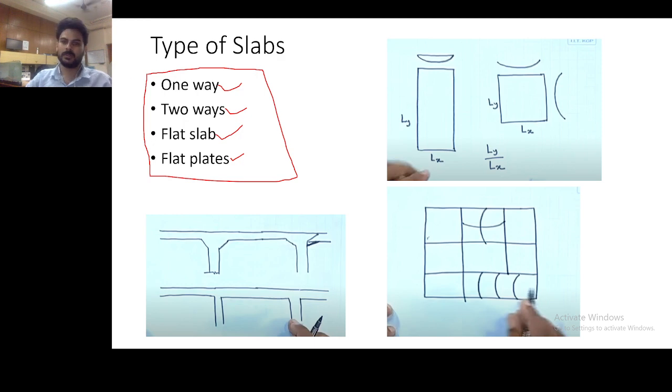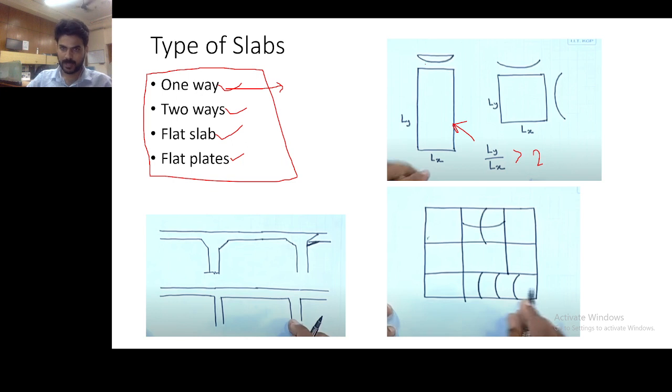Okay, so let's go. The one-way slab is also called one way, where they consider this figure. This is Ly and Lx. So if Ly by Lx is greater than 2, then it is considered a one-way slab. And if it is less than 2, then it is considered a two-way slab. So why is it called a one-way slab? Why is it called a two-way slab?